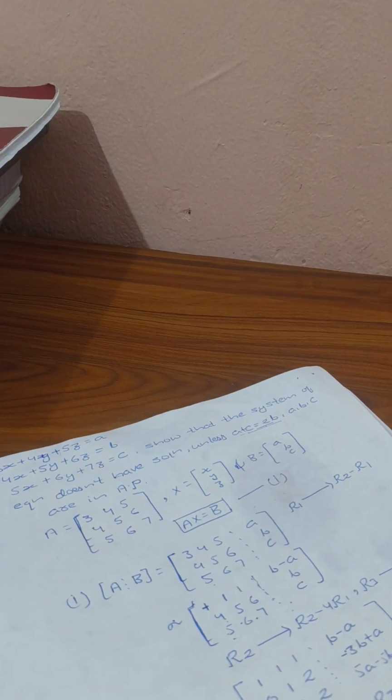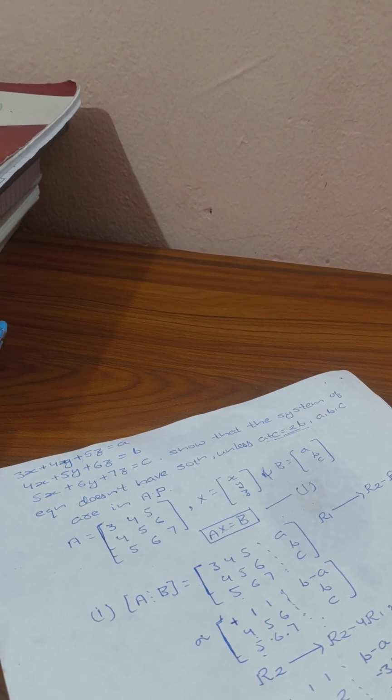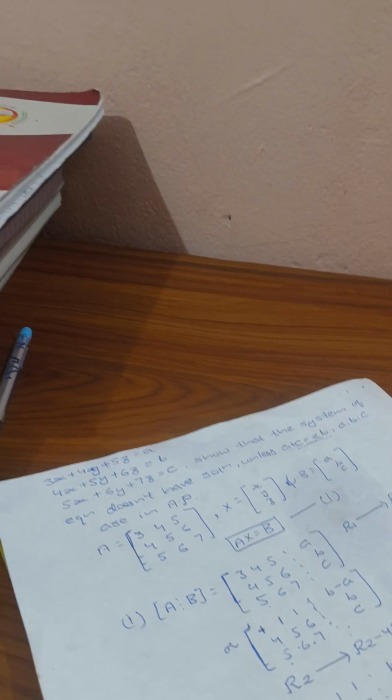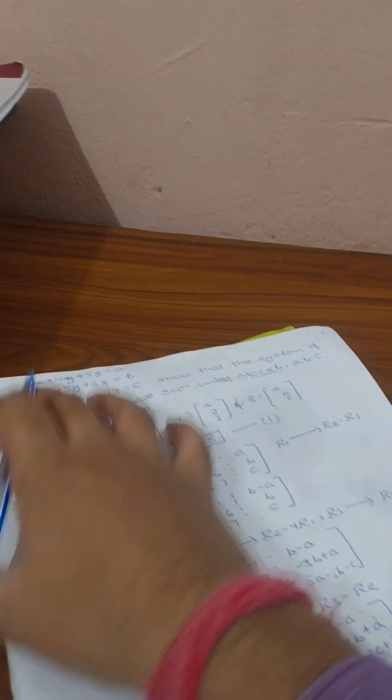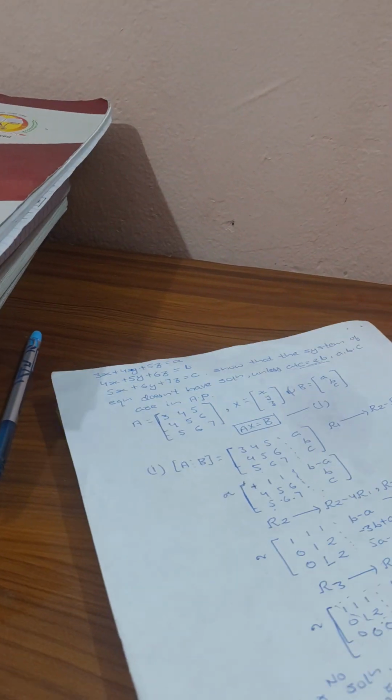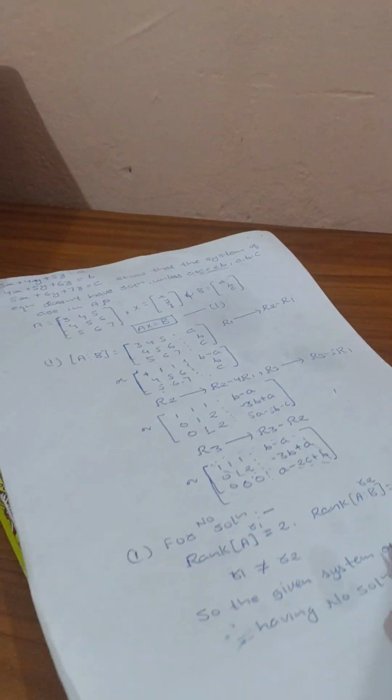A plus C is equal to 2B. Since we have to prove that A, B, C are in AP, if we prove A plus C is equal to 2B, then A, B, C are in AP is also proved by this property.